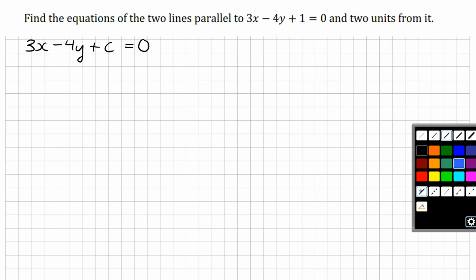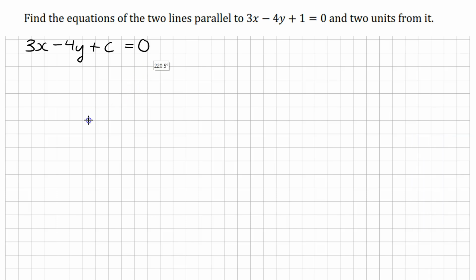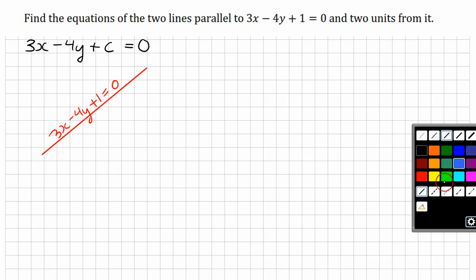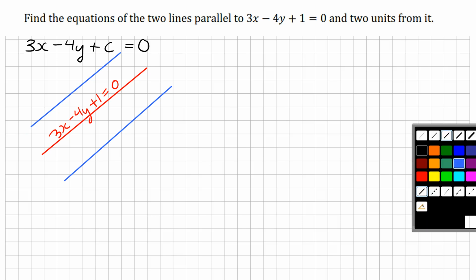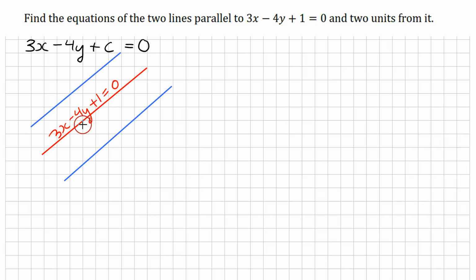So just, I suppose, as an image, we have this red line whose equation is 3x minus 4y plus 1 equal to 0. And then we have two new lines which are parallel to that line. Let's say one here and obviously one at the far side of it. And each of these are a distance of 2 units from the original.